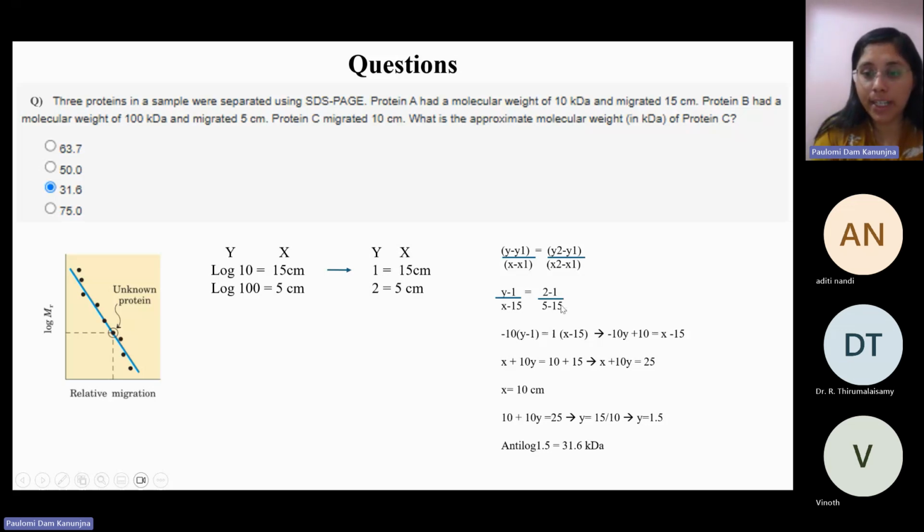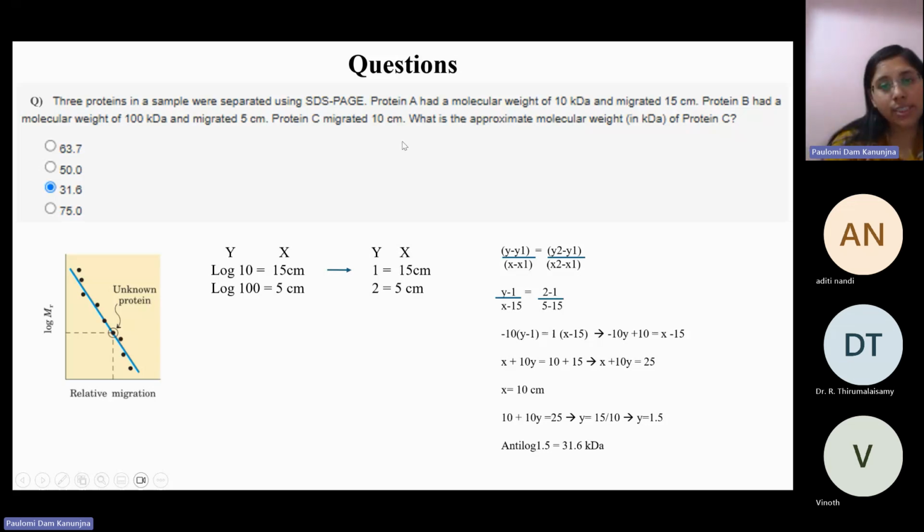So you have y minus 1 divided by x minus 15 equals 1 divided by minus 10. Cross-multiplying, minus 10y plus 10 is equal to x minus 15. We further solve it so that we get x plus 10y is equal to 10 plus 15, which is x plus 10y is equal to 25. Okay. Now, this is your straight line equation. x plus 10y is equal to 25.